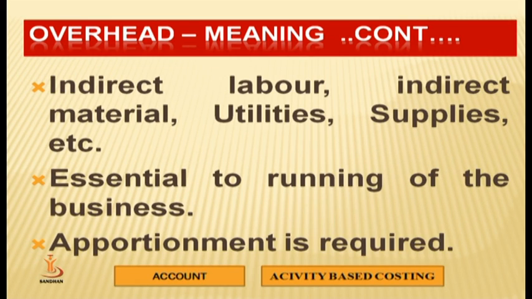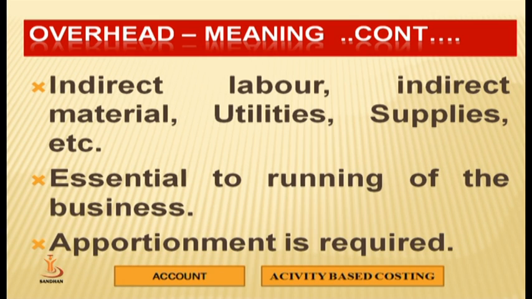The actual expenses incurred on that are easily known or determined, whereas overhead is not easily determined, because the overhead expense incurred is for the common benefit of all the units produced. As it is for the common benefit of all the units produced, only a proper allocation base is required.